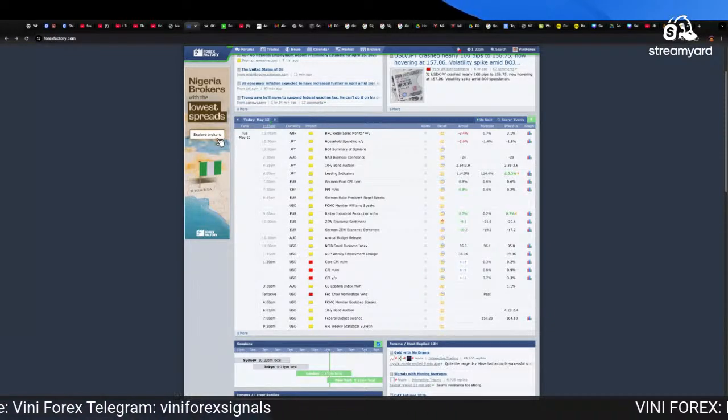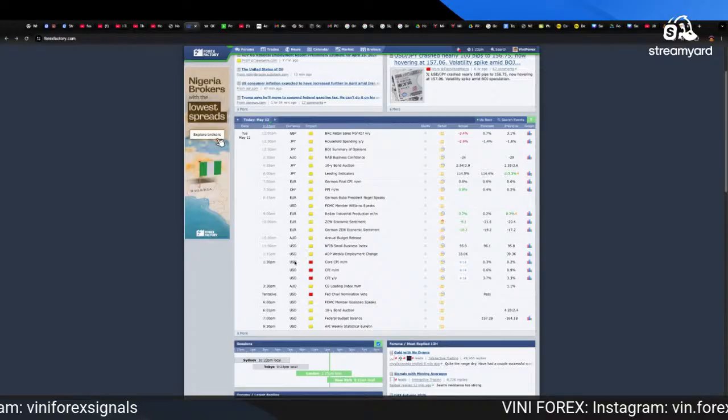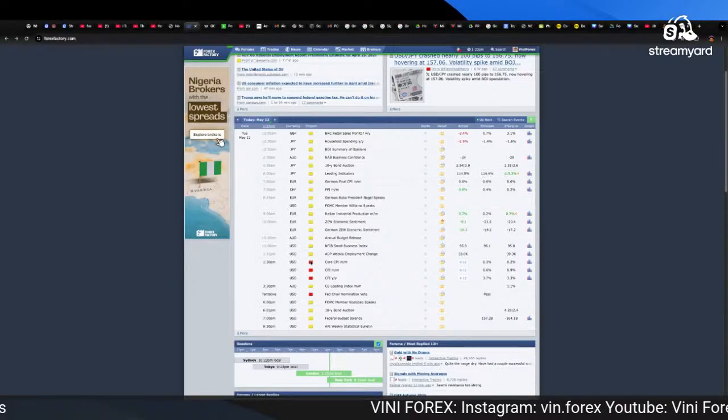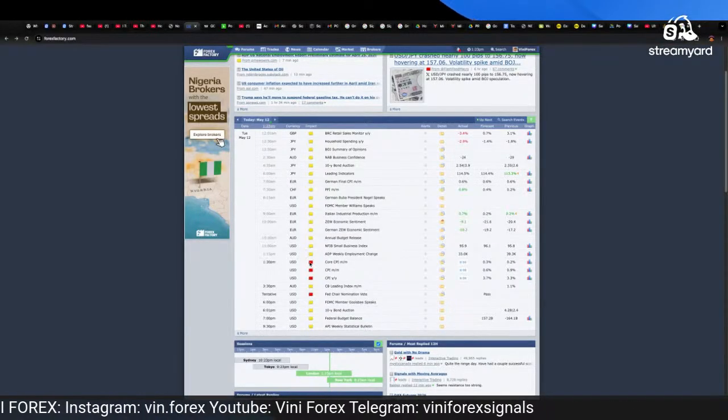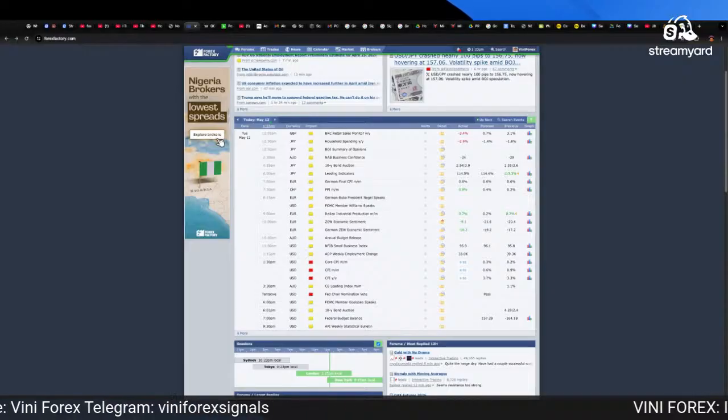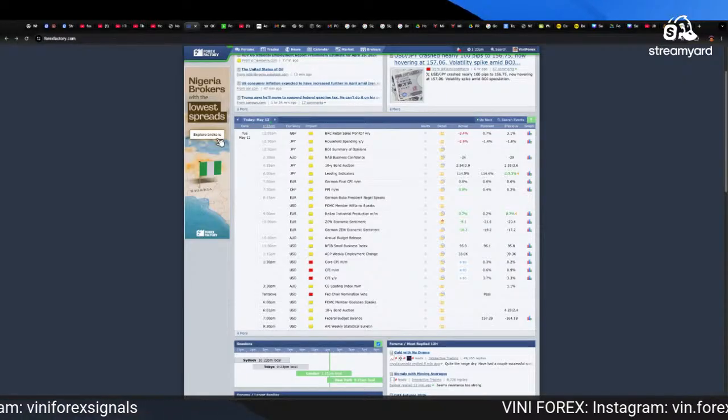There's news coming up on USD, and this news has a red folder, which means it has the capacity to move or affect the market. Do you understand? Yes, sir.